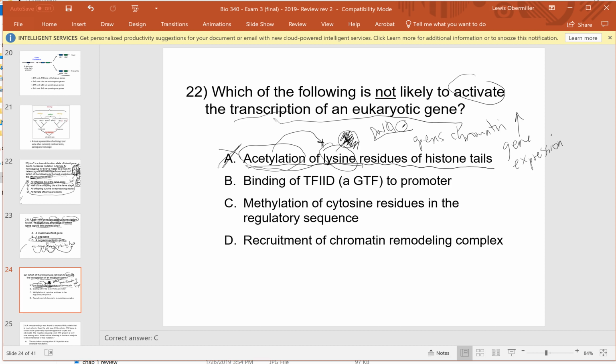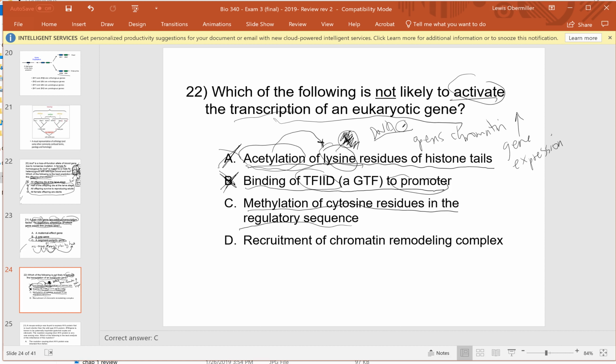So that's not right. Binding of the transcription factor to the promoter. Well, we know that transcription factors help turn on or activate genes, so that's not right. Methylation of cytosine residues in the regulatory sequence.